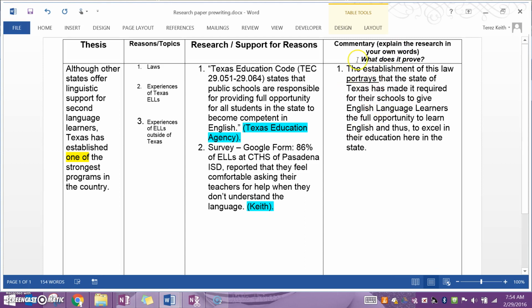So those are my words explaining how this quote backs up my thesis.